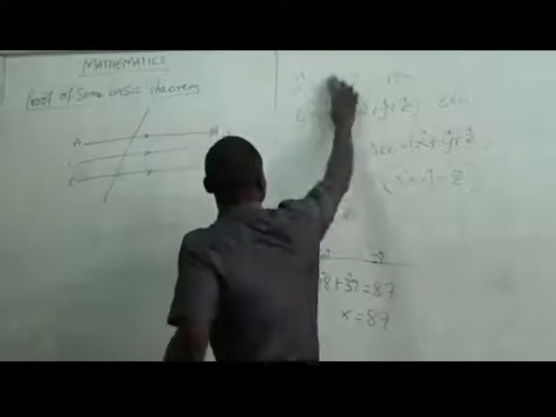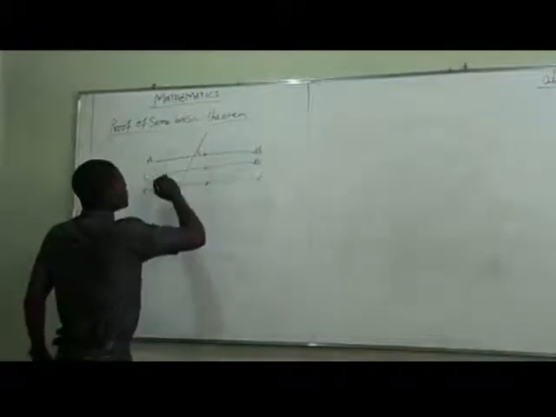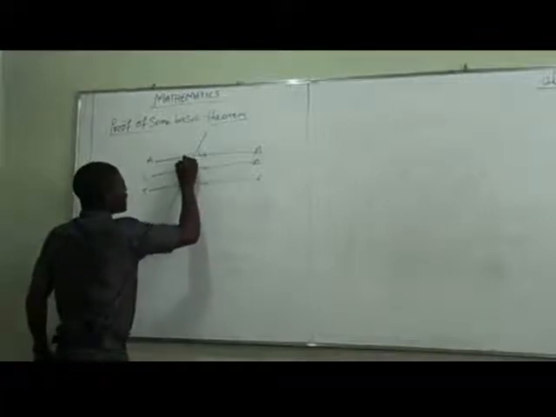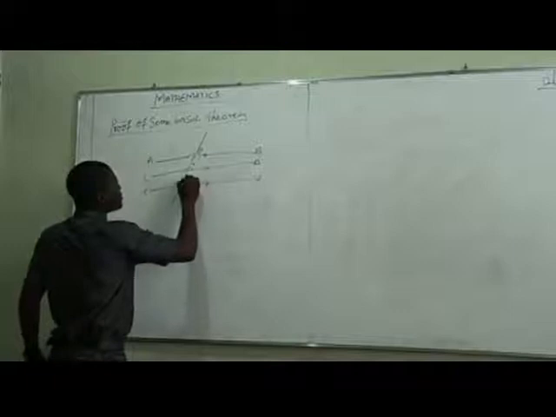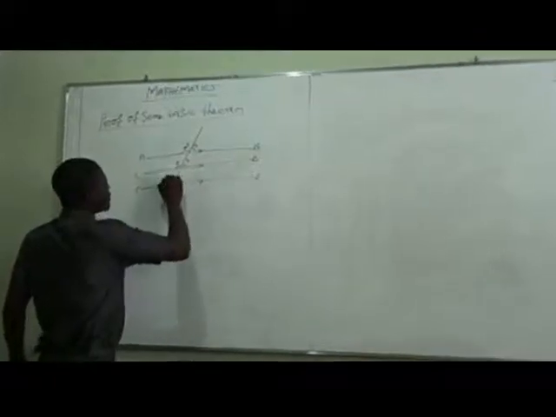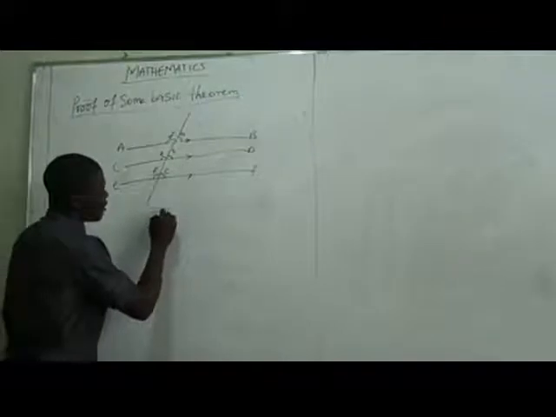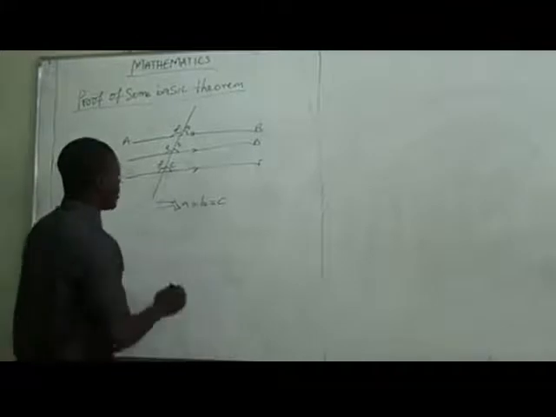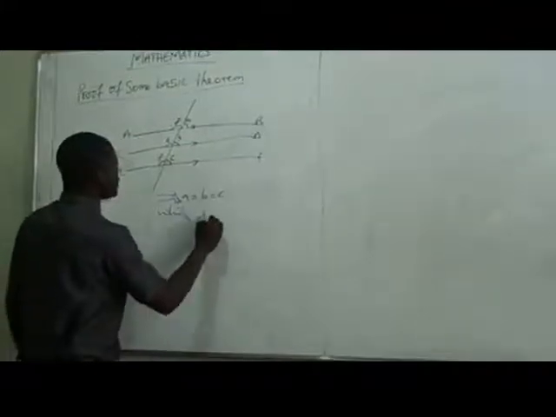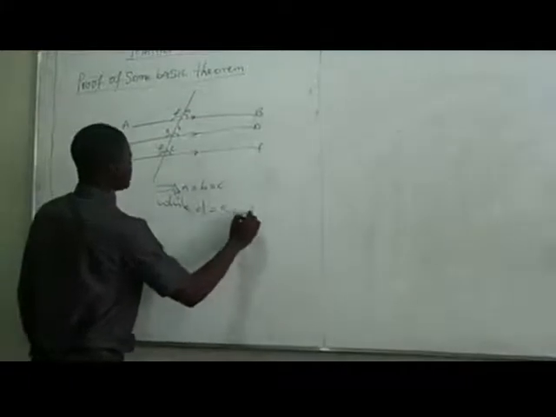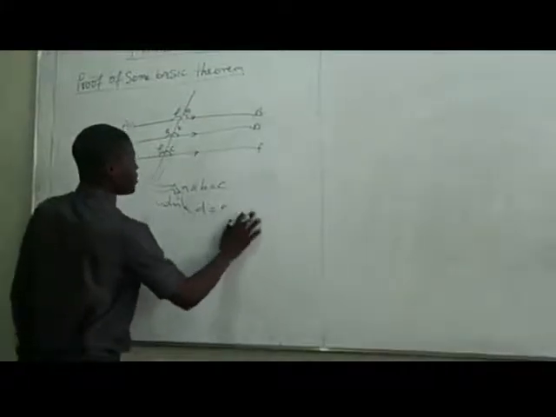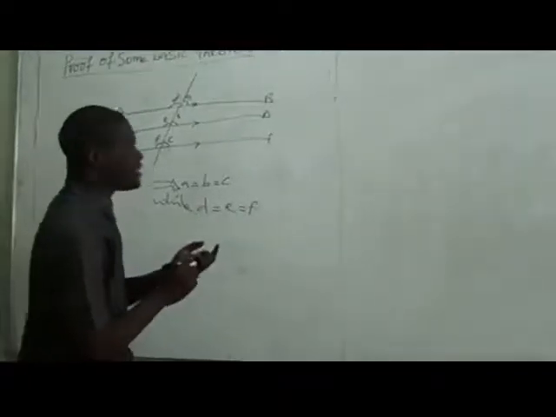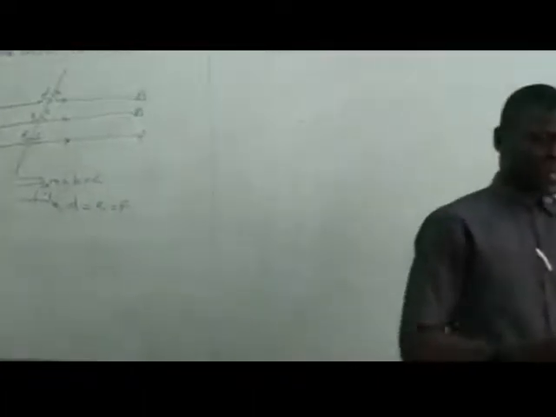Now look at the board. When you have an angle here, an angle here, and also this side, here A, B, C, D, E, F. This automatically implies that A is equal to B and B is equal to C, while D is equal to E and E is equal to F. What is the definition of corresponding angles?